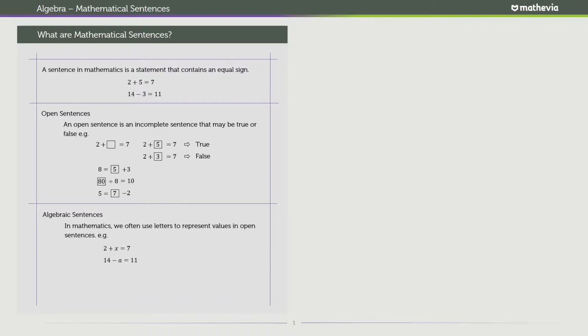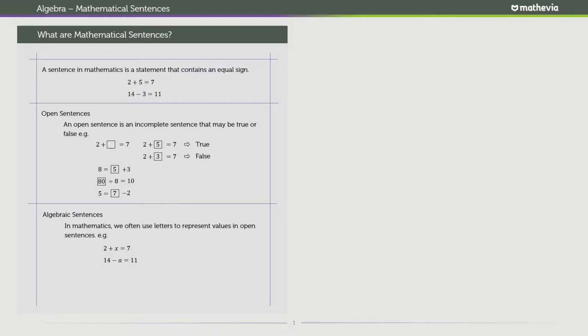You could have 2 plus x equals 7, and just like your box, x represents a certain number. This is just like your open sentence. It's telling you 2 plus something gives you 7. So using a letter instead of the box is really no different.